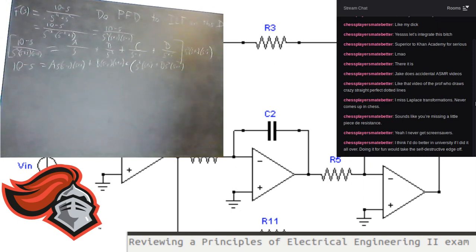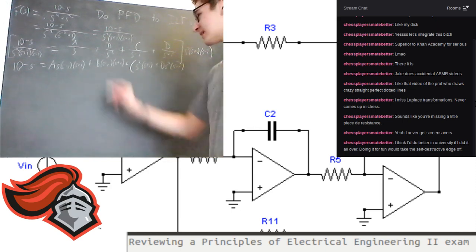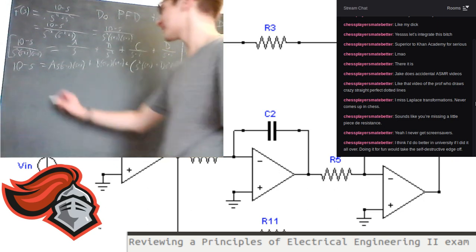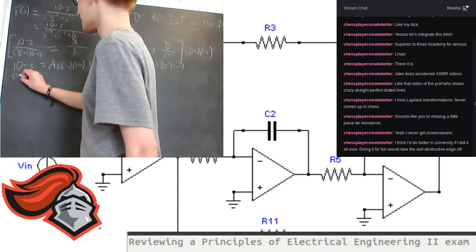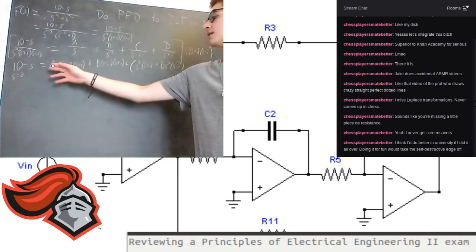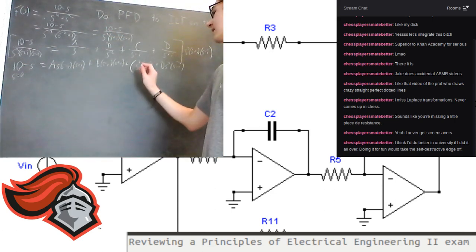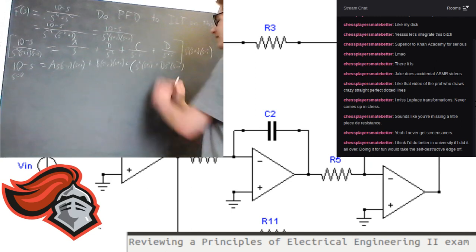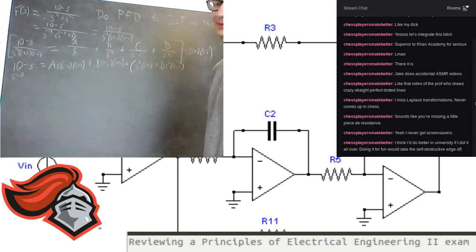Now that we have this, we can choose any value for s, and these coefficients all have to still make sense. So, for example, let s equal 0. This term goes away, this term goes away, this term goes away, because s is 0 and 0 times anything is 0.